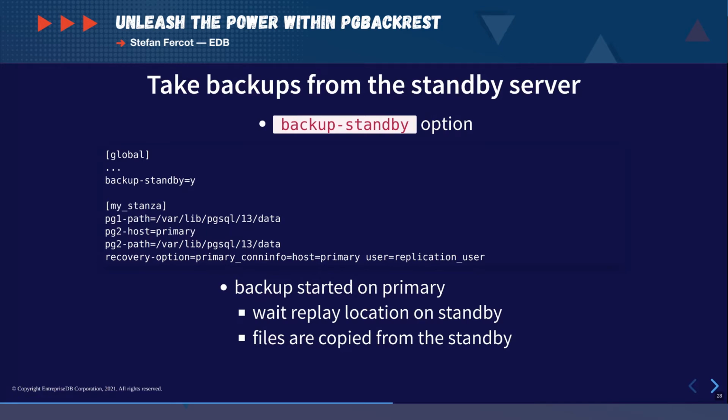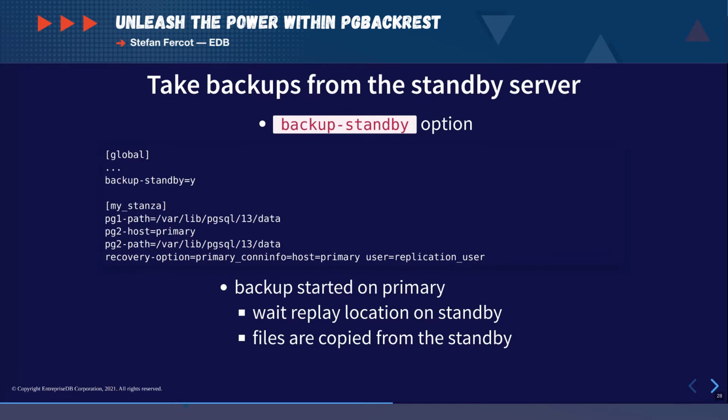So it's kind of a hybrid situation because we have operations going on the primary, but the actual files will be copied from standby. And it's even more handy because pgBackRest is able to detect itself which one is primary and which one is standby. So imagine you have a high availability setup, like using Patroni or something like that.